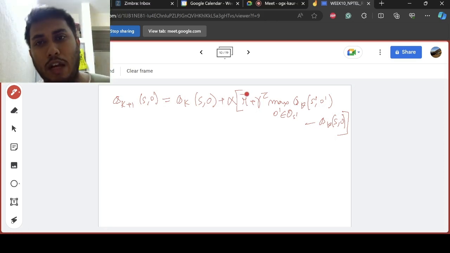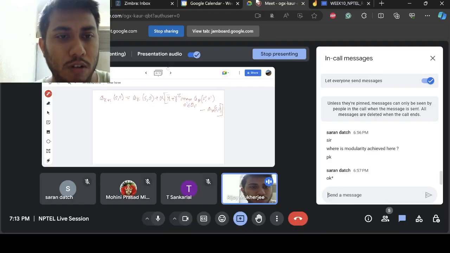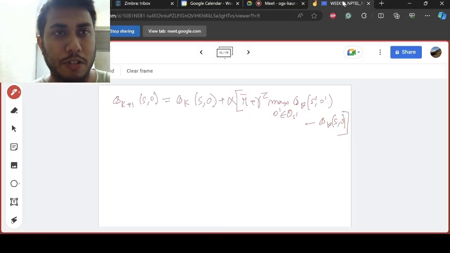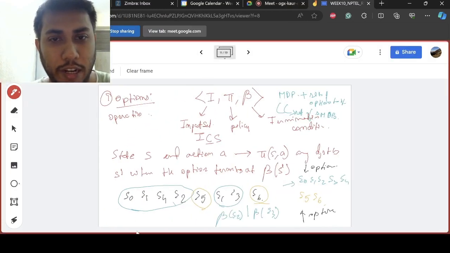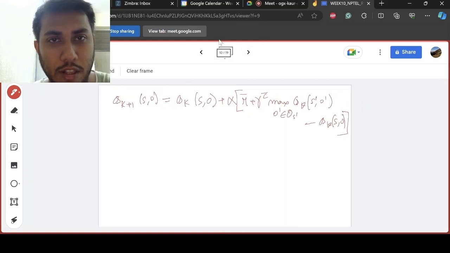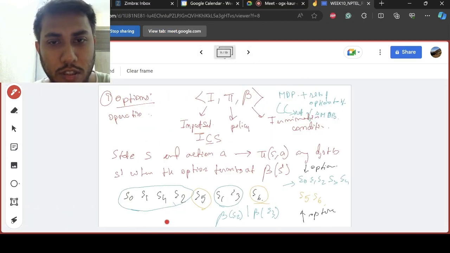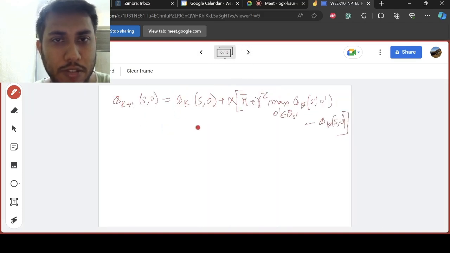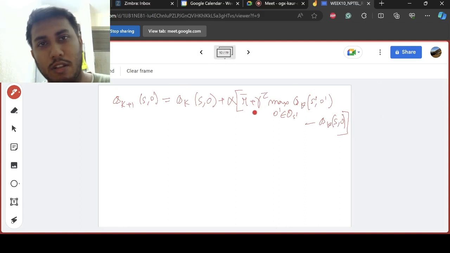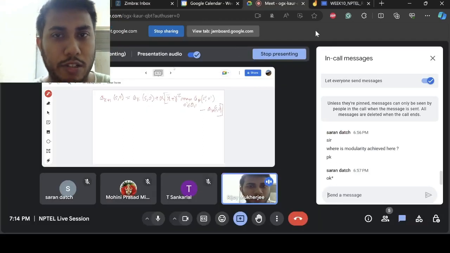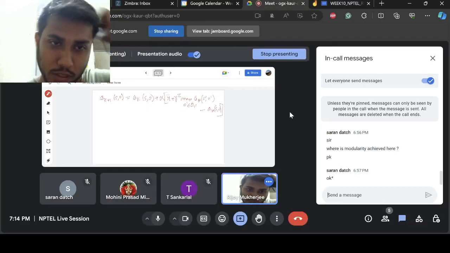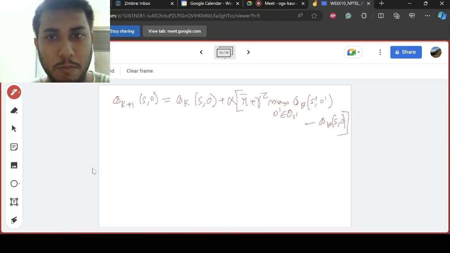So this is your value function updation rule for your options, for each option. You are currently here and going to here, and for that you calculate these equations. So this is one option, and this is another option. This is your state space. I think you understand what we are trying to do, right? What is the transition?